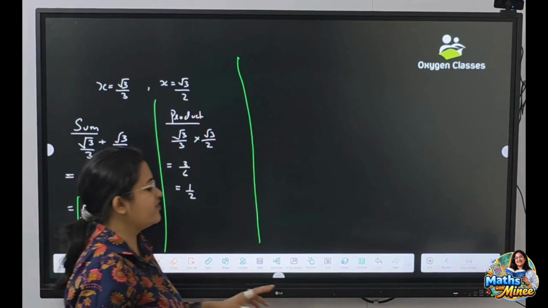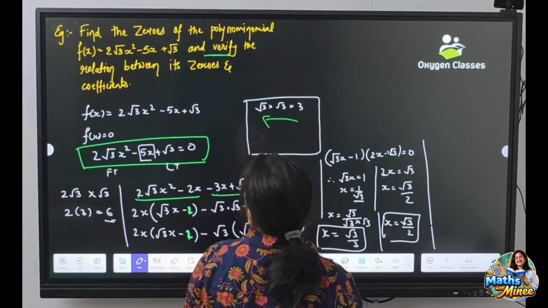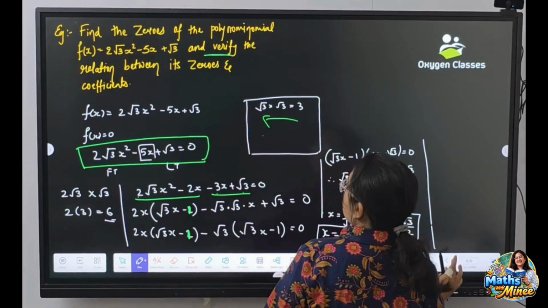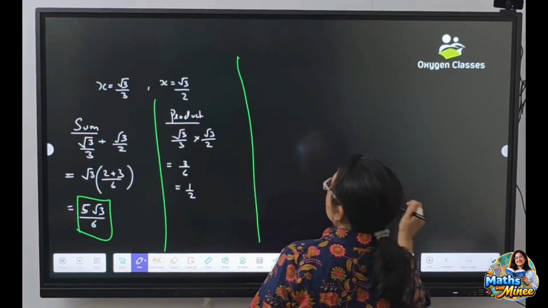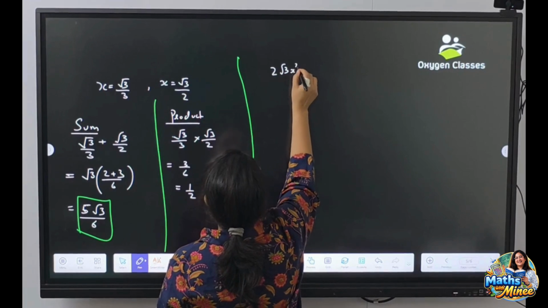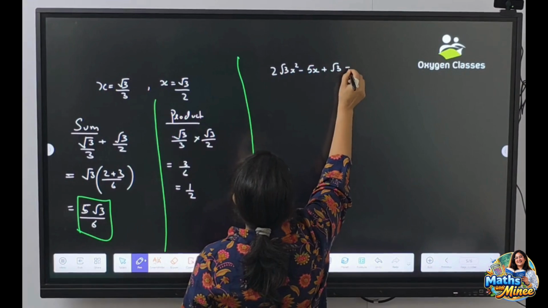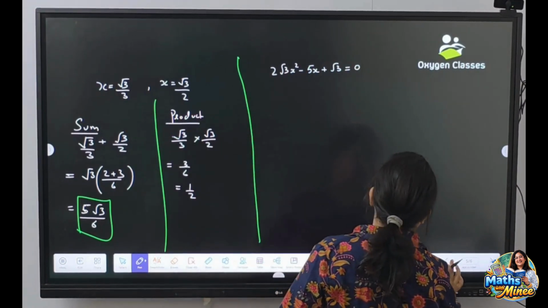Now let us just verify from the coefficient. So we will again write down the question. So question was 2 root 3x square minus 5x plus root 3 is equal to 0.